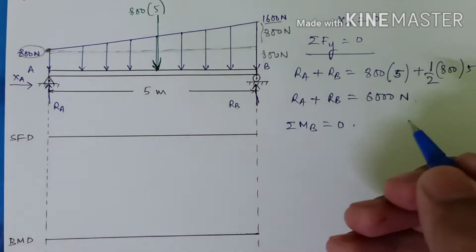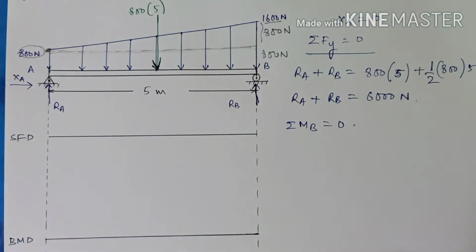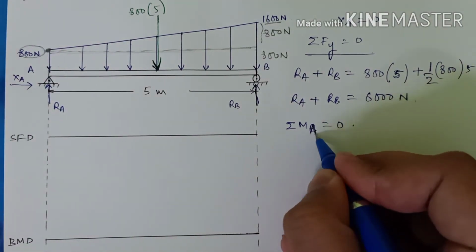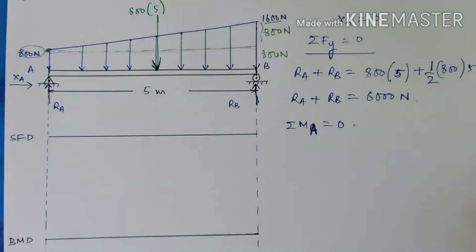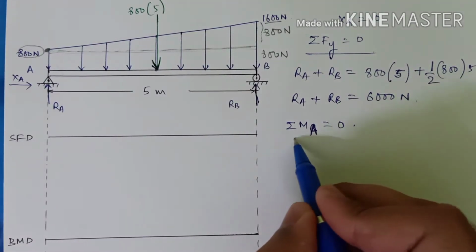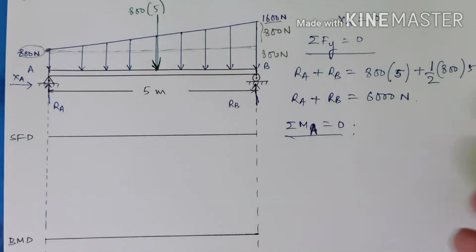You can also consider A, that's up to you, but let me consider A, it will be much easier. So I'm taking moment about A to be 0. I'll be considering the clockwise moments as negative and the anti-clockwise as positive. That's my sign convention.